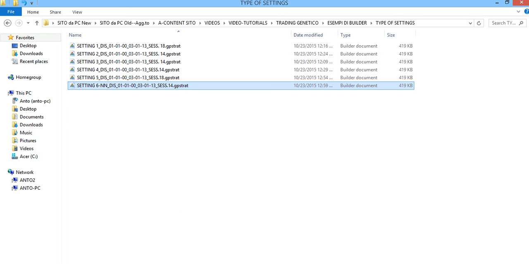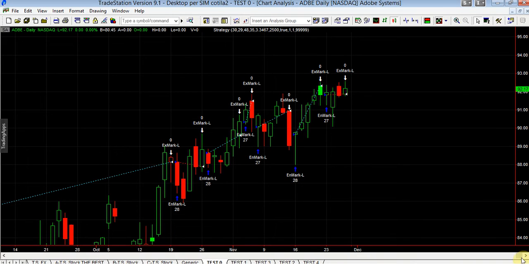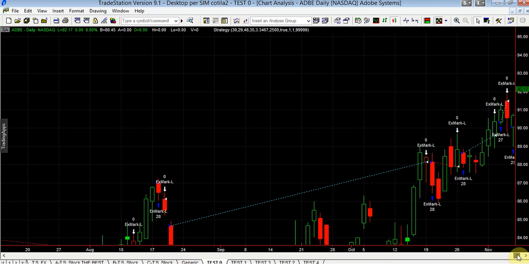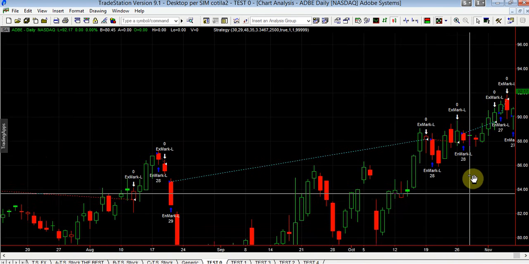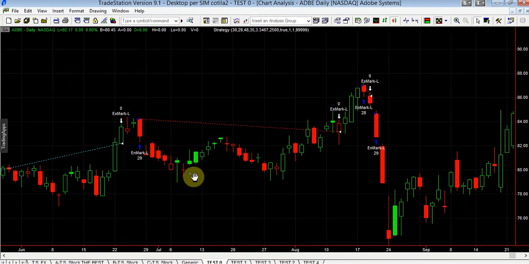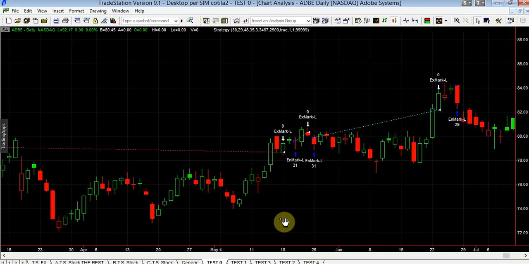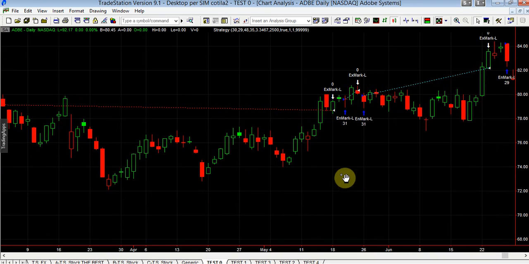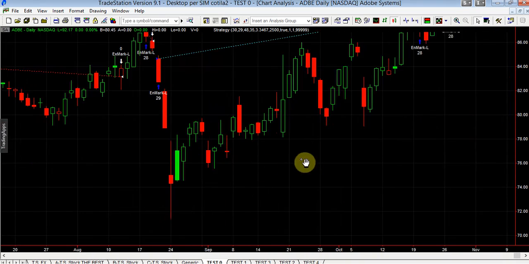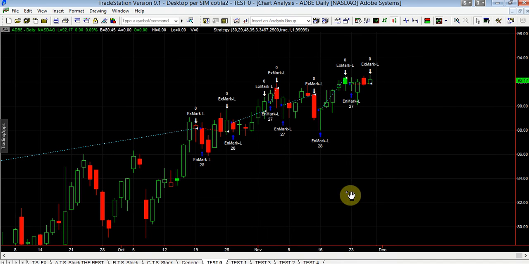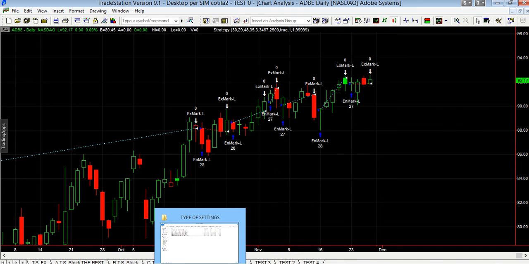Because remember, the purpose of this software is to identify the inefficiency from the instrument itself, which might be traded. So some instruments simply don't have a very hard inefficiency, so it might be an idea to leave them out.